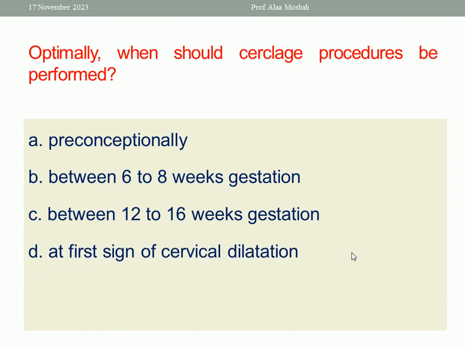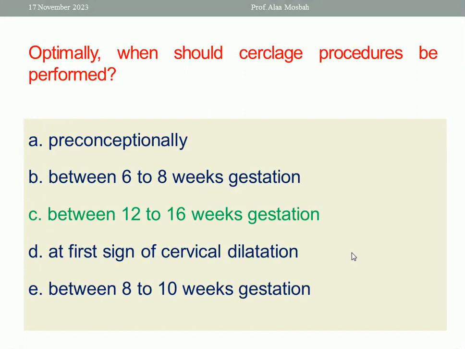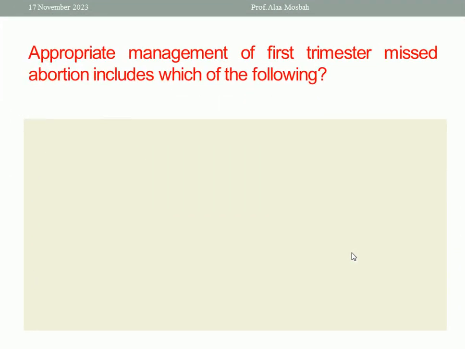D. At first sign of cervical dilatation. E. Between 8 to 10 weeks gestation. Please choose the one best response. The one best response here is C, between 12 to 16 weeks gestation. Go to the next, please.